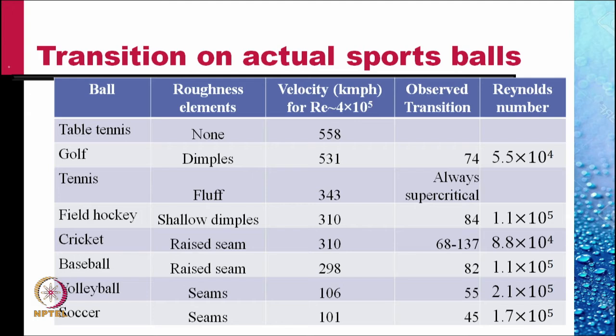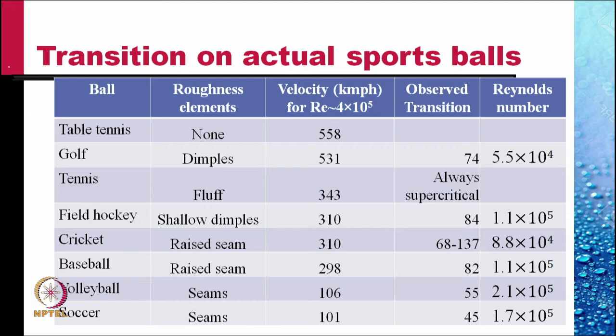In the field hockey, with shallow dimples, the transition is 84 kilometers per hour. In a cricket ball with a raised seam, the transition can occur anywhere from 68 to 137 kilometers per hour, depending upon the condition of the ball. We'll talk about it a little later.